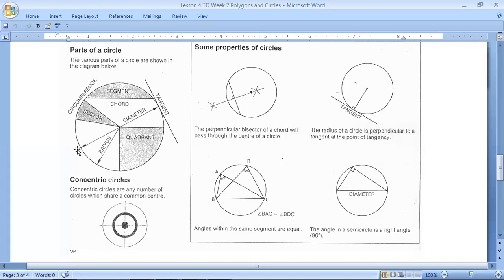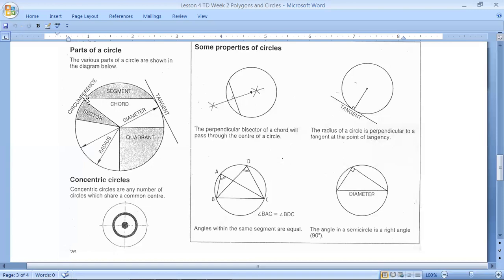The measurement from one side of the circumference to the opposite side when it passes through the center is called the diameter of the circle. From the center of the circle to the circumference line, we call it radius. If you divide the circumference in 4 equal parts, one section of this we call a quadrant.